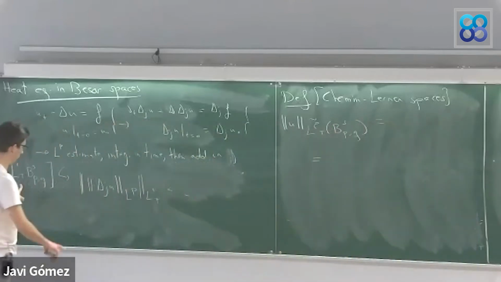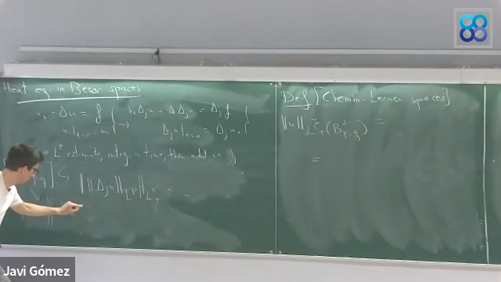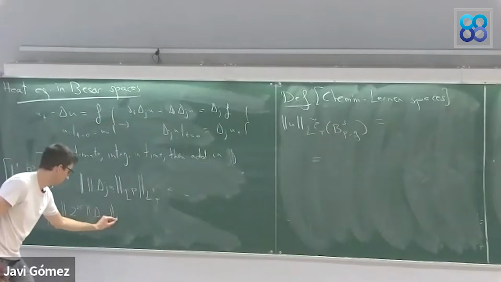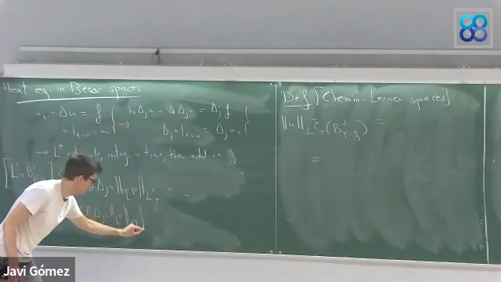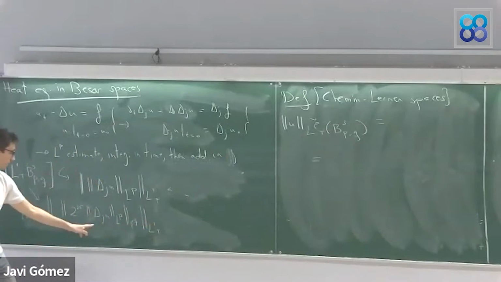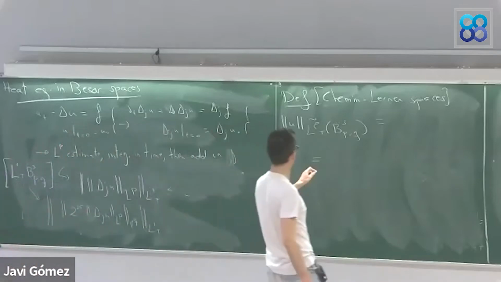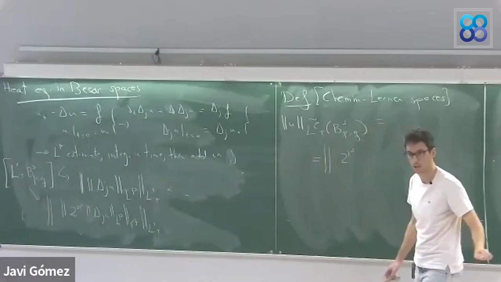So this one here would be... so these are the spaces where we interchange these norms.